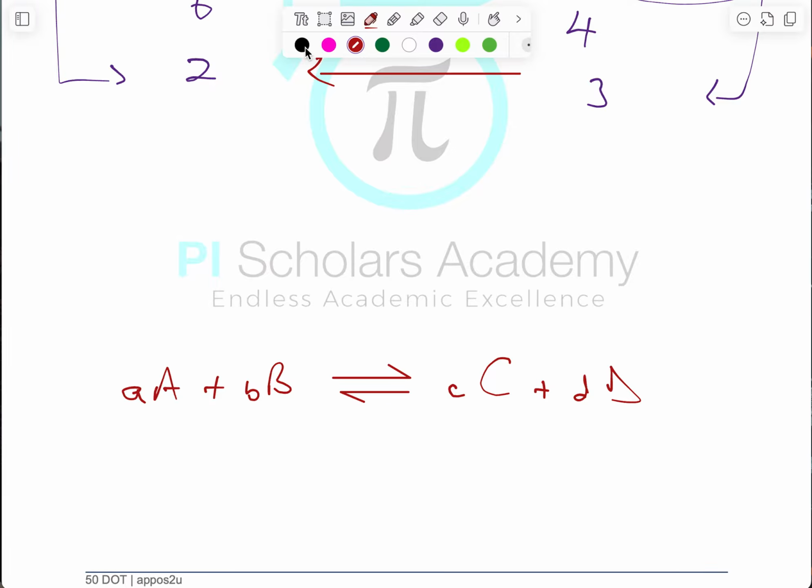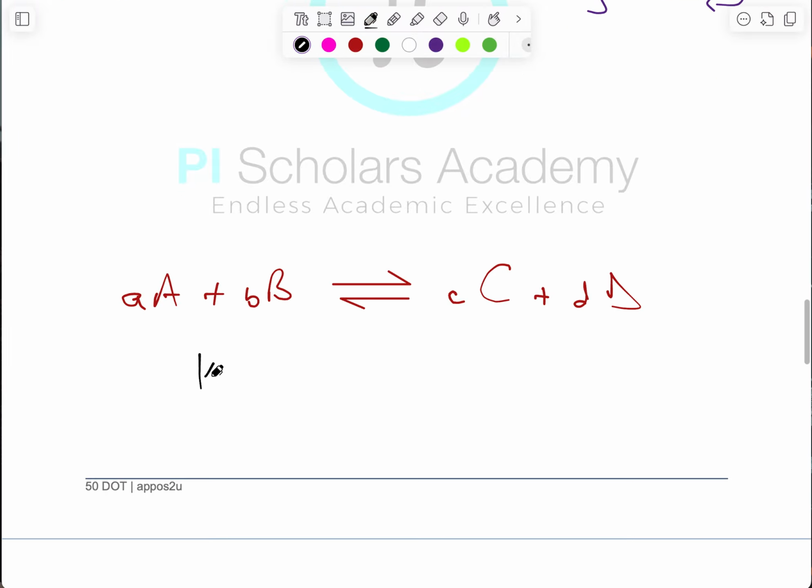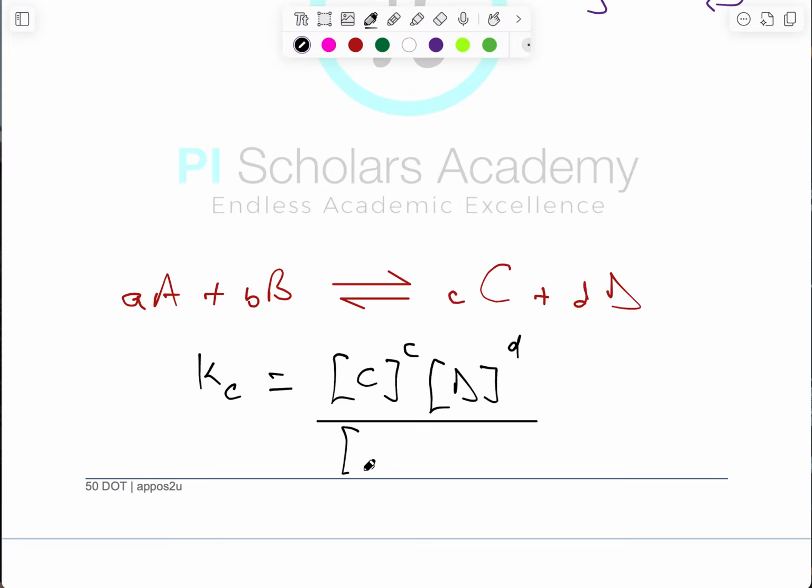So the equilibrium constant Kc is given as the concentration of the product C raised to power c multiplied by that of D raised to power d, divided by that of A raised to power a, then over that of B raised to power b.